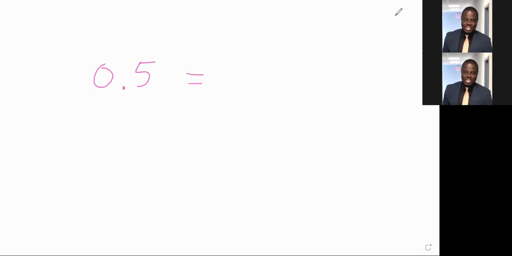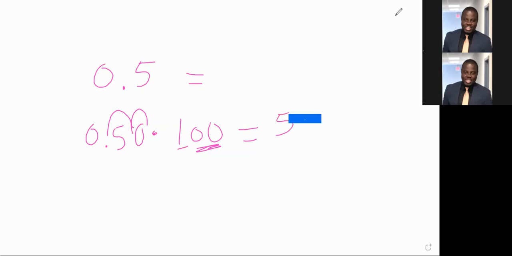So this is 0.5 times 100. Because you're multiplying by 100, two zeros, you're moving the point 2 times. 1, 2. So you put a 0 here, and that gives you 50.0%, which is 50%.